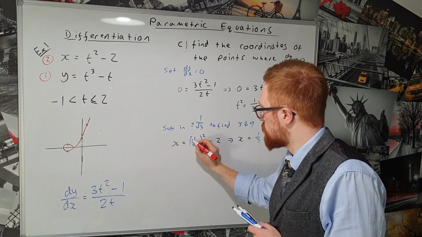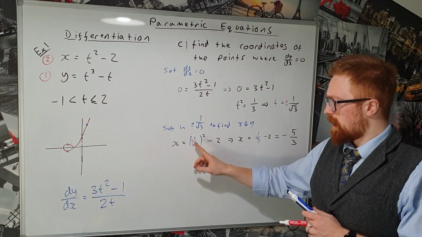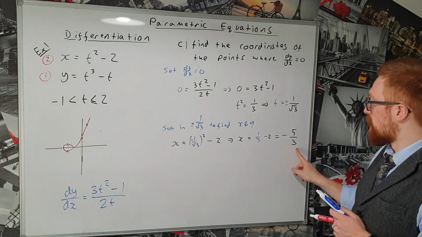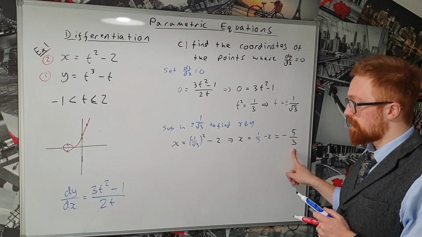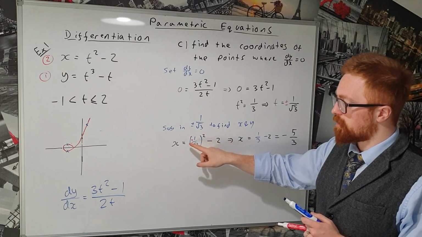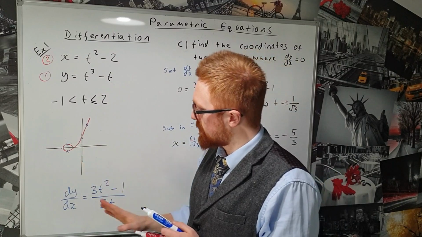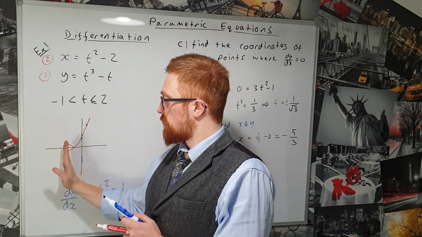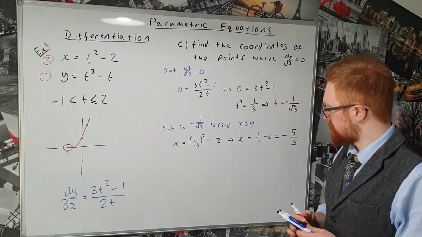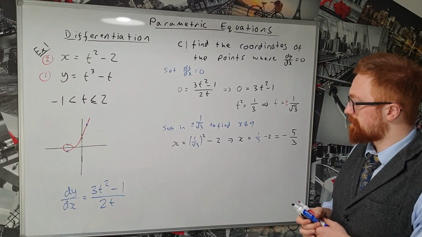So let's just consider what happens if we make this negative here. Well, negative 1 over root 3 squared, and if we square a negative, it becomes positive. So this still turns into a third, and this still stays as negative 5 over 3. So for both of our values, plus or minus 1 over root 3, we're going to get the same x coordinate, which, looking at our curve, kind of makes sense. It certainly appears as though those 2 points are on the same vertical line, which means that they've both got the same x coordinate. And so this sort of confirms what we might suspect from our graph.